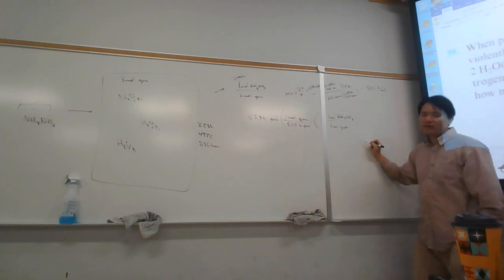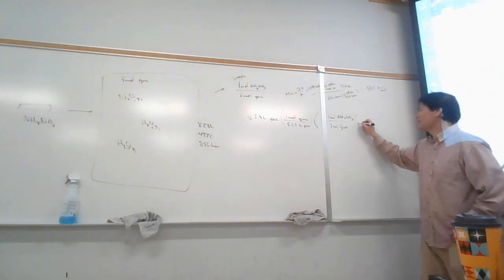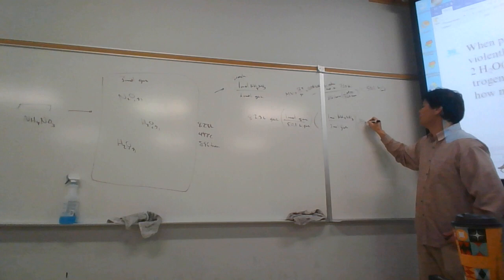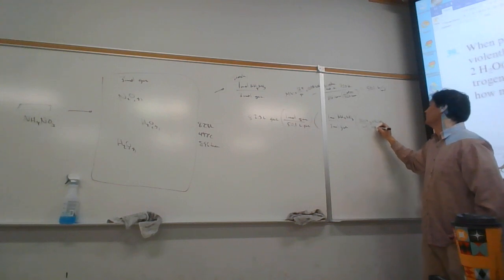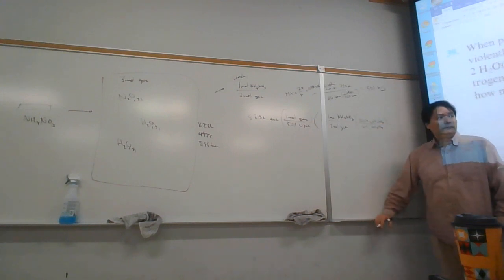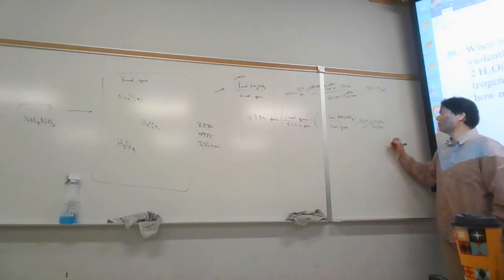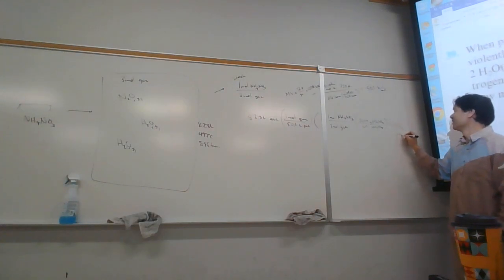And then the molar mass for ammonium nitrate, you look it up or you can calculate it. What did you get for the molar mass of ammonium nitrate? 80.04 grams of ammonium nitrate per mole. Is that right? Okay. And then you got, what was the number? 43.8 grams of ammonium nitrate.